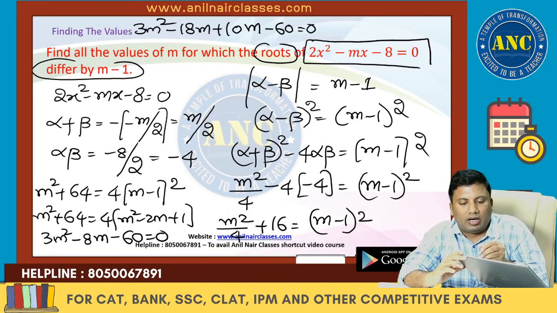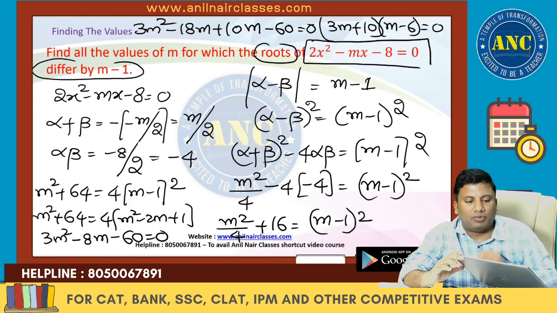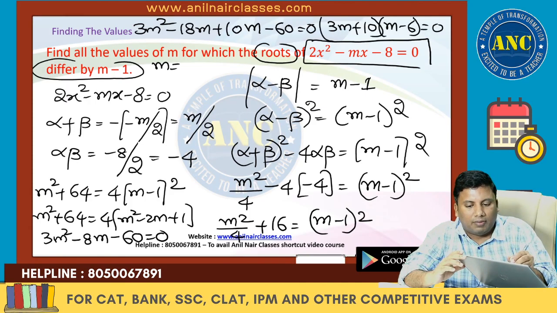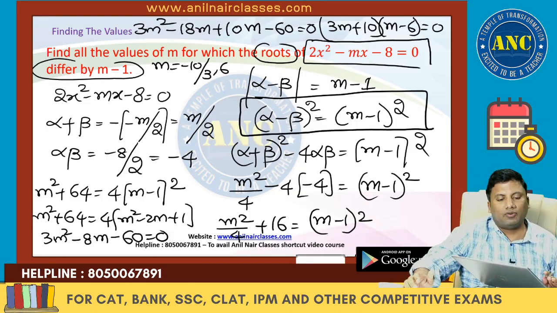This is nothing but 3m plus 10 into m minus 6 equivalent to 0. From there you will get the value of m as minus 10 by 3 and 6. Only thing is the difference is m minus 1. We don't know the sign of the difference, so we squared it.